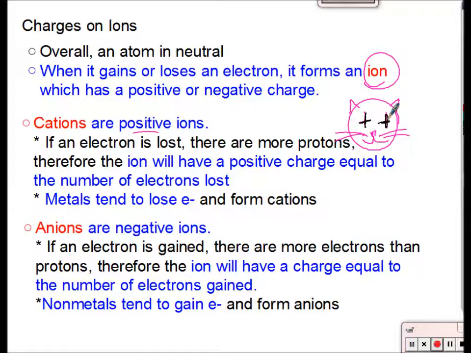So one way to remember cations are positive. They're positive because they have lost an electron. When you lose an electron, you have more protons than electrons. More protons, more positive charge.